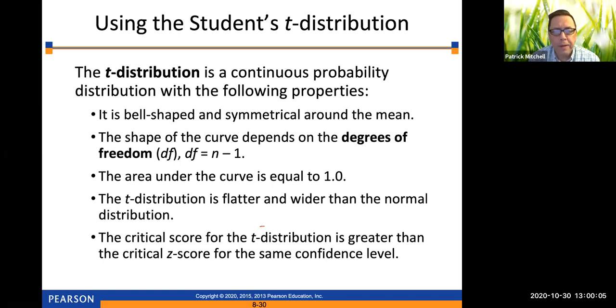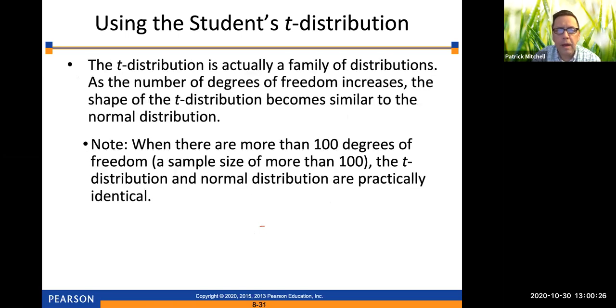Like any probability function, the area under the curve is equal to 1. The t-distribution is flatter and wider than the normal distribution. And the critical score for the t-distribution is greater than the critical z-score for the same confidence level. And you'll see some examples of that coming up in just a minute or two.